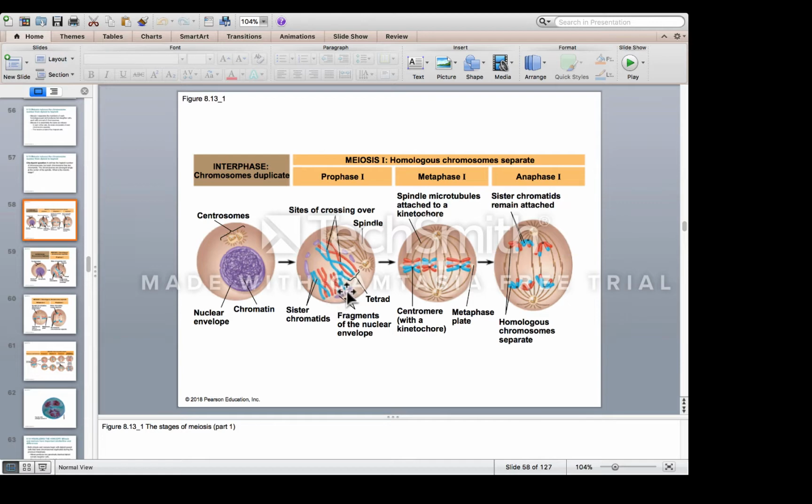Didn't see it blown up, but the chromosomes are crossing over.